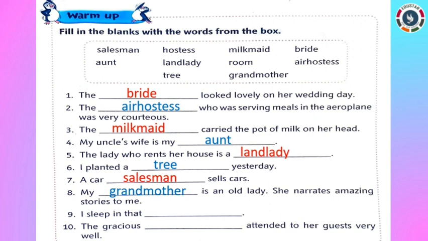The answer is room. The last one, 10th, the gracious dash attended to her guest very well. Now who attends the guest? The hostess. Very good. Now copy down all these answers in your book.